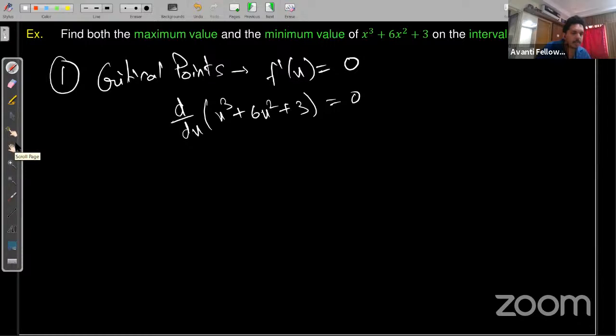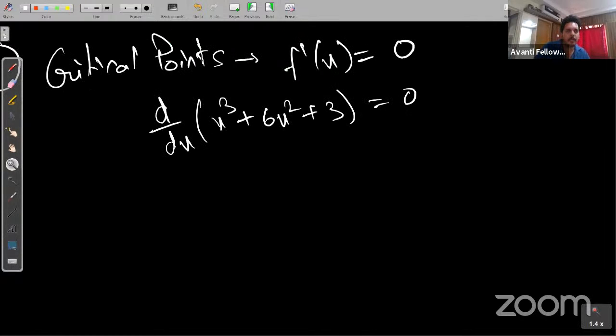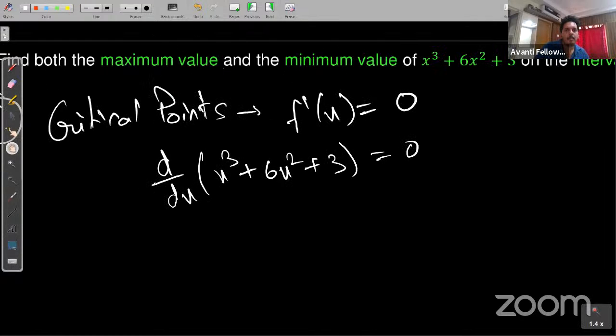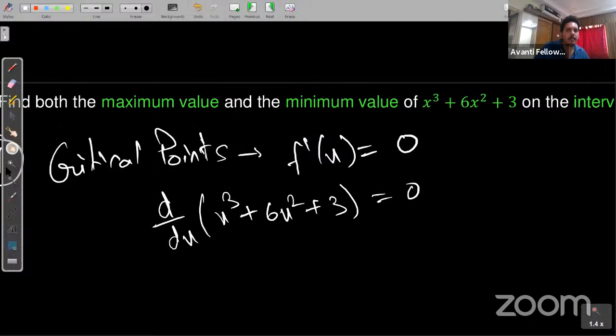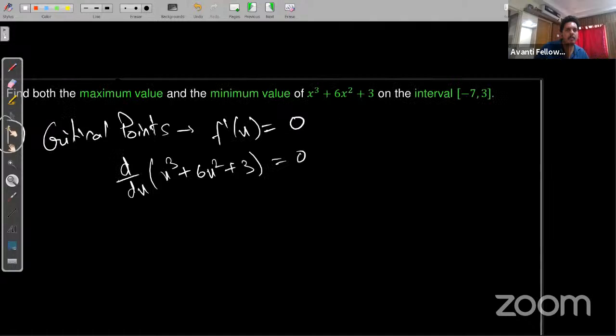Okay, you need the question. Find both the maximum and minimum value of x cube plus 6x square plus 3 in the interval minus 7 comma 3.